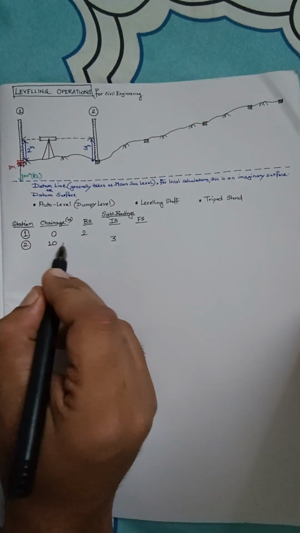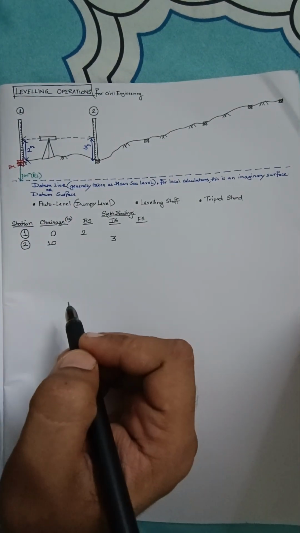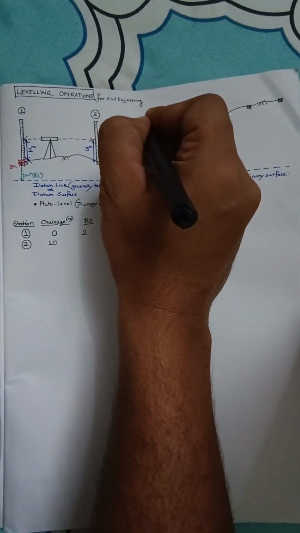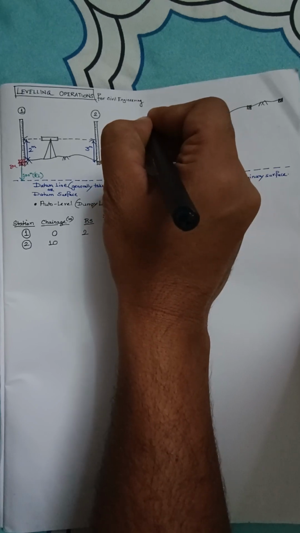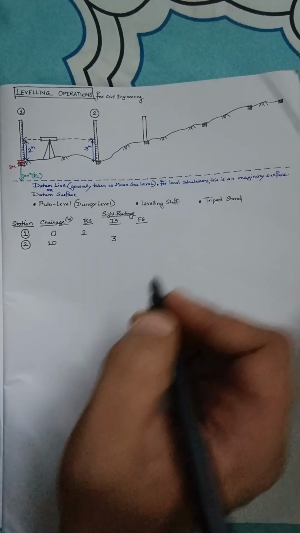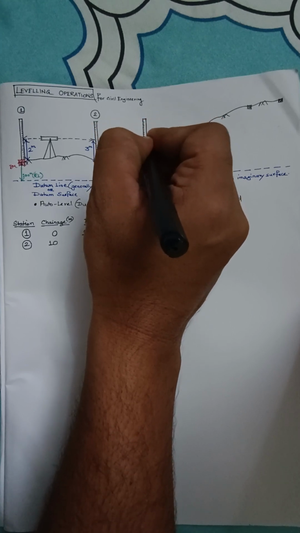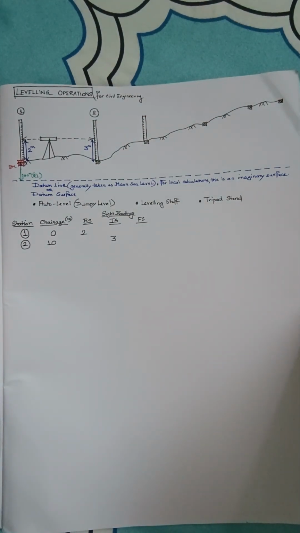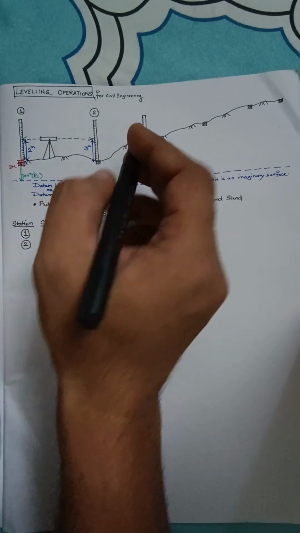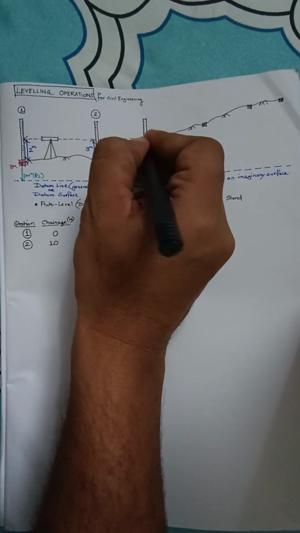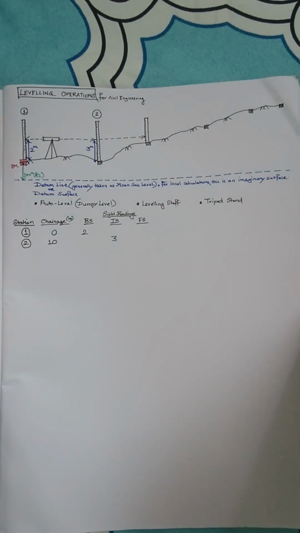So we have sorted the second setup. Again, as I have told you, at the third station, we go over here and look through the same instrument setup, and we cut somewhere over here, if I'm not wrong.